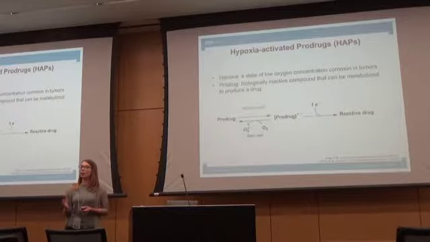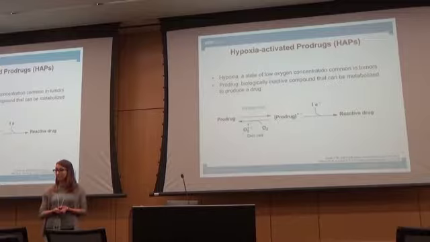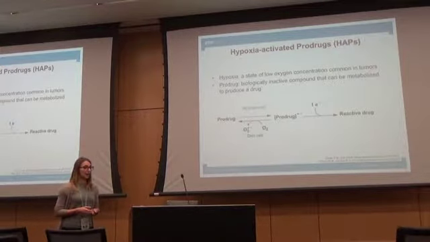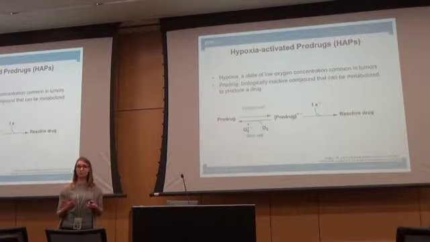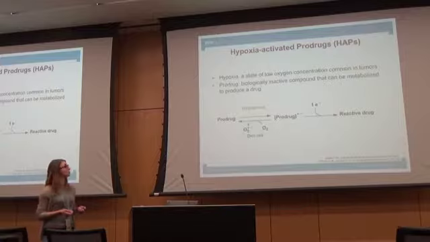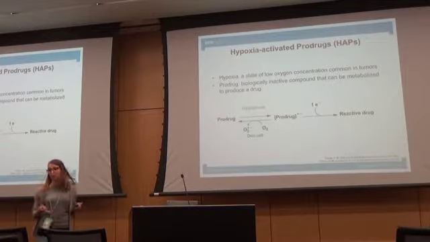Hypoxia is a state of low oxygen concentration and is a characteristic of tumor cells, especially solid tumors. And so a strategy to improve the selectivity would be to develop hypoxia-activated prodrugs.